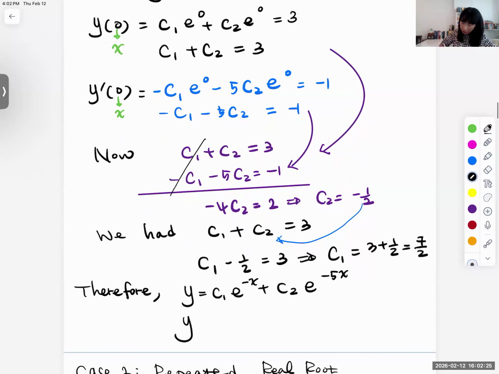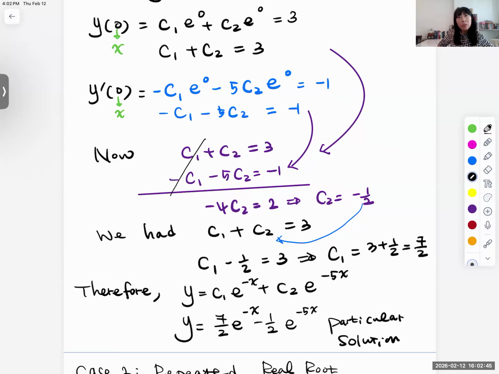So that will be c sub 1, 7 over 2, e to the negative x plus c sub 2, negative 1/2, and e to the negative 5x. Yeah, particular solution. Is it good? All right.